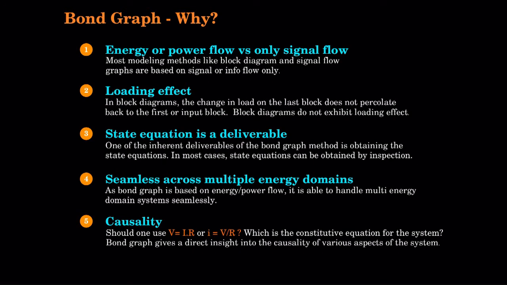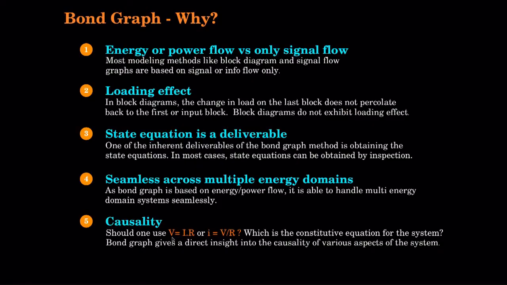The fifth and one of the most important points is causality. What is this? You have an equation. If I have R, Ohm's law, I have V and I have I. I have written two equations here: V is equal to I into R, and I is equal to V by R. Are there two different equations?